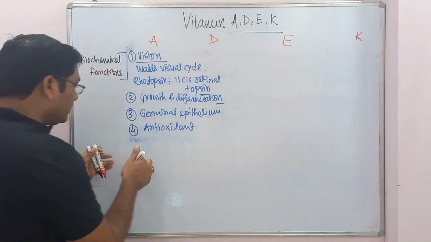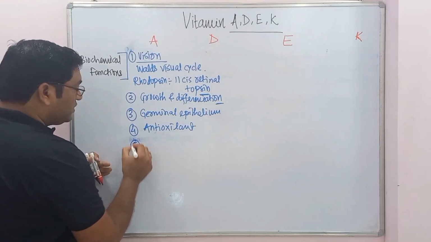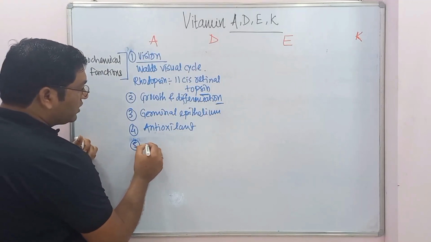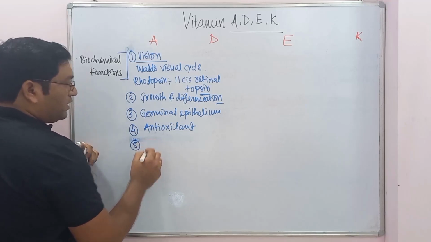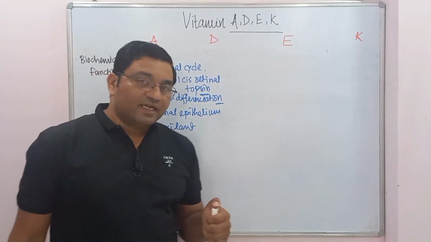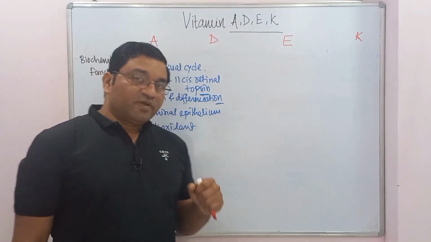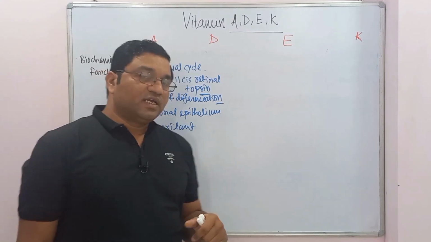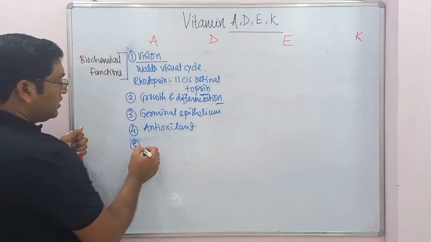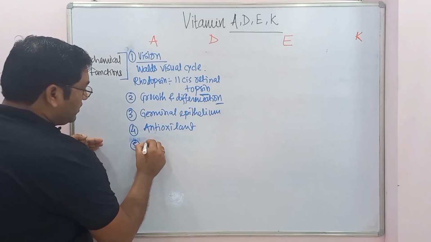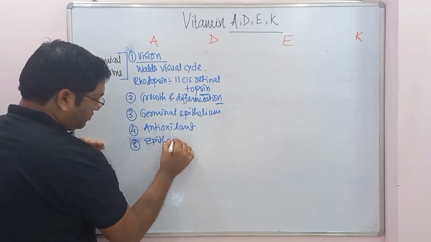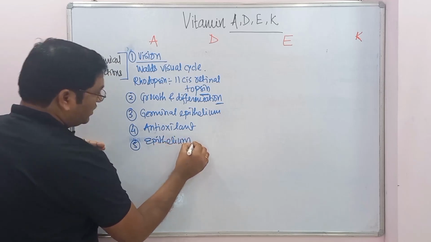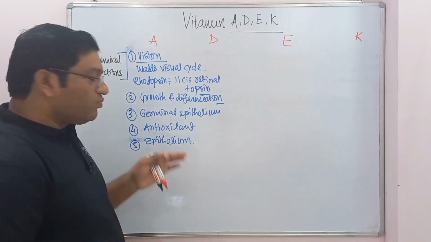Then the fifth important function is in the skin. It is important in maintenance of epithelium. It prevents acanthosis and hyperkeratinization of the skin. So these are the various important functions.